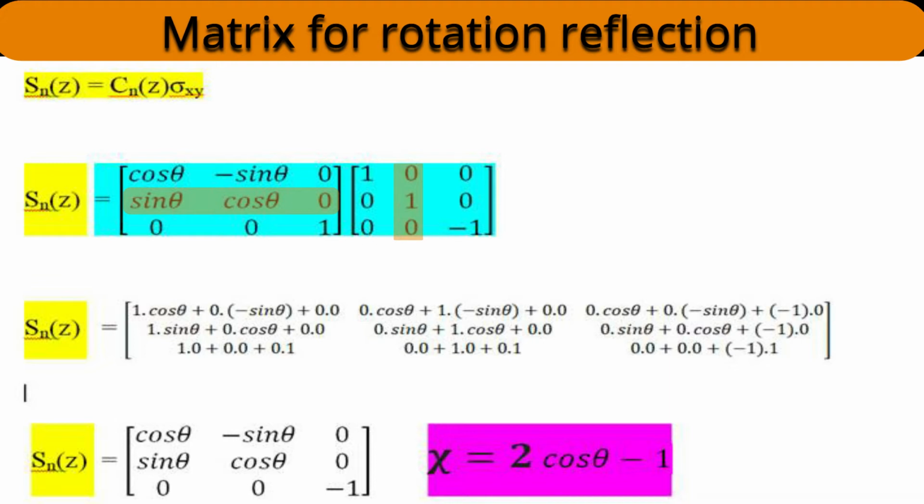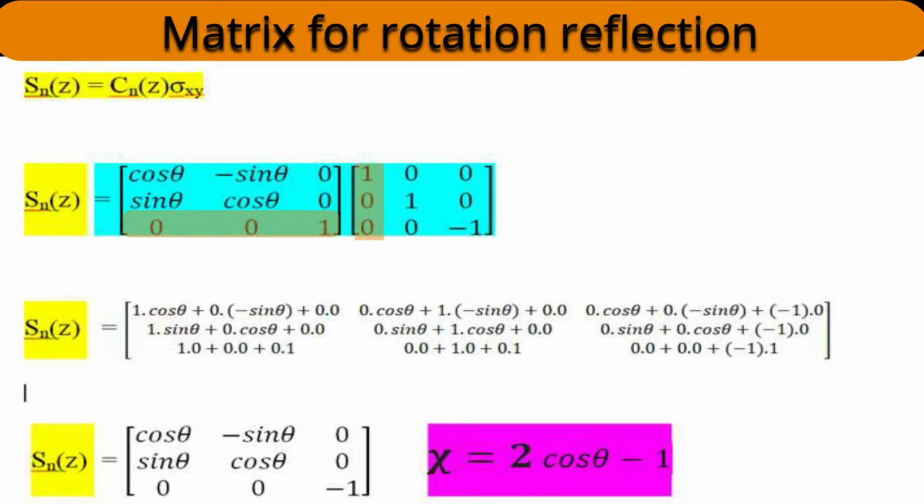Now the last element of the second row: second row of the first matrix and last column of the second matrix. 0 into sin theta plus 0 into cos theta plus minus 1 into 0. Let us obtain now the results of the last row: last row of the first matrix and various columns of the second matrix. Now one by one.